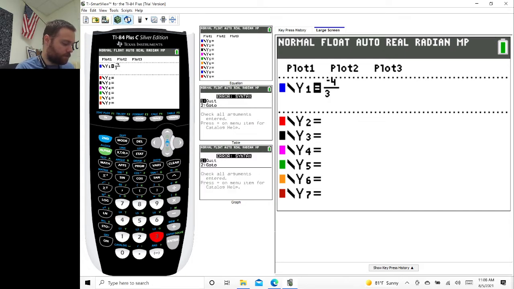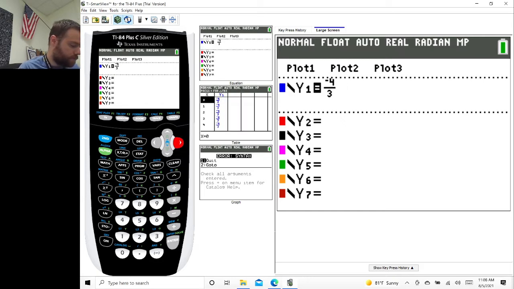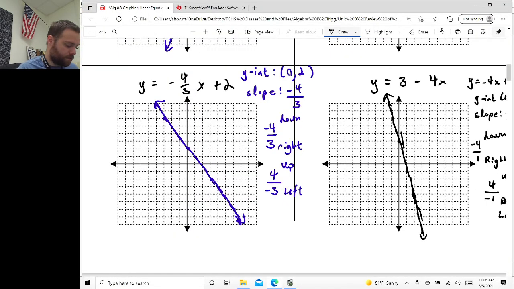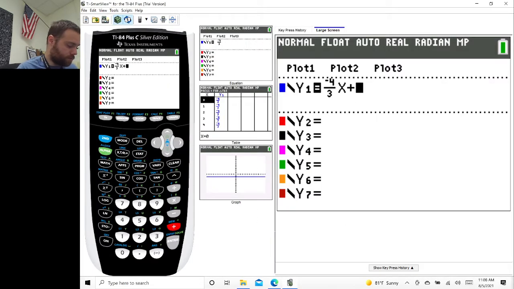It says error syntax. X plus, what was it? 2. There it is. Let's see what the graph looks like.